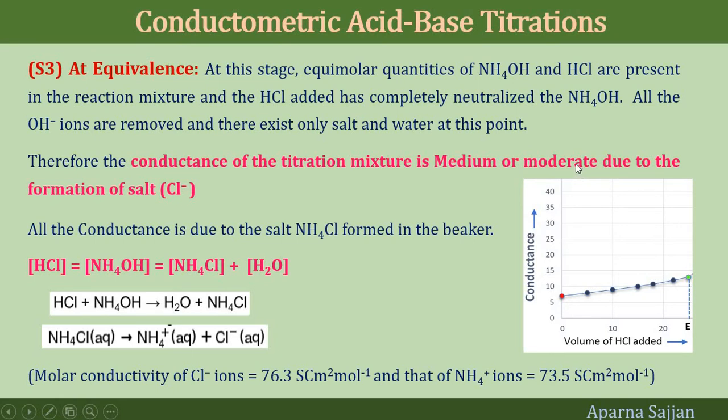Neither high nor low. So HCl and ammonium hydroxide will be present in equimolar quantities, and this will be equal to the salt concentration. This is the reaction between hydrochloric acid and ammonium hydroxide to form the salt, and this salt is completely dissociated into its ions.